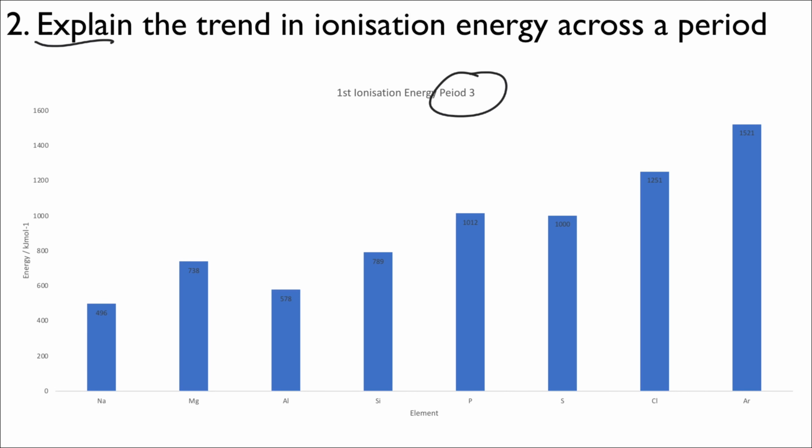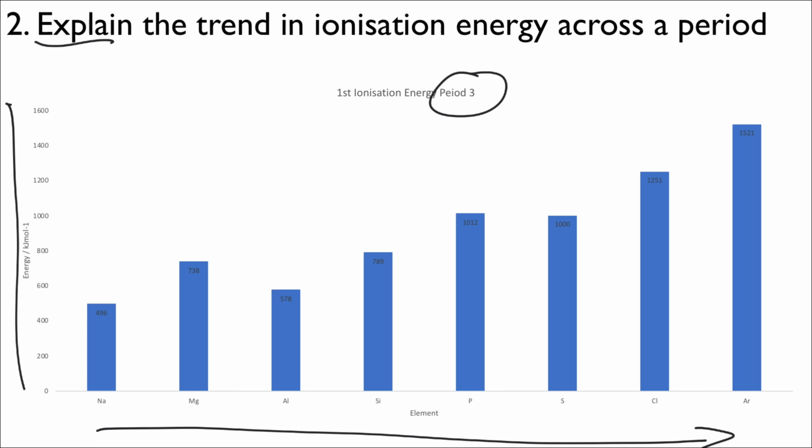We've got the elements along the x-axis along the bottom, and then we've got the energy along the y-axis in kilojoules per mole. There are 3 things that we're going to look at as we go through this. First of all, we're going to talk about the general trend. We're going to look at specific trends, and there are 2 deviations from it.